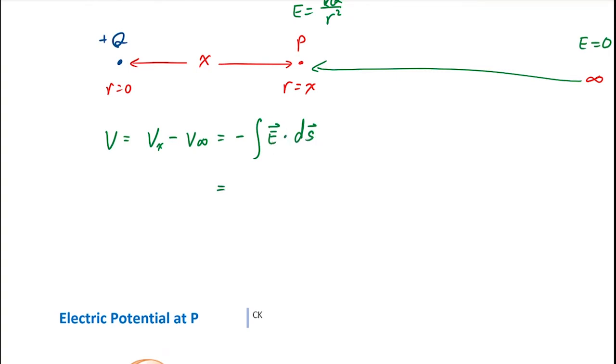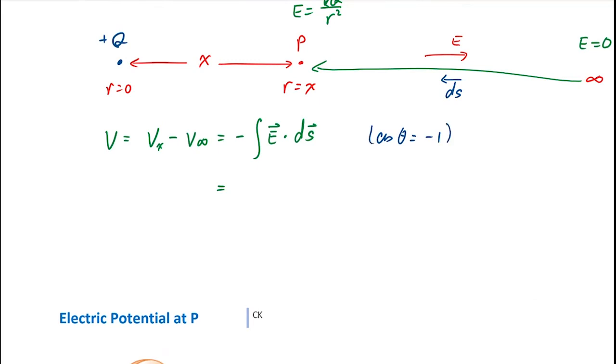Okay. Now, first thing is the dot product. What's the angle between them? See, the electric field goes out this way. And then our movement, our little ds, is a tiny bit this way, isn't it? So this dot product, cosine theta, gives you -1 right there, doesn't it?